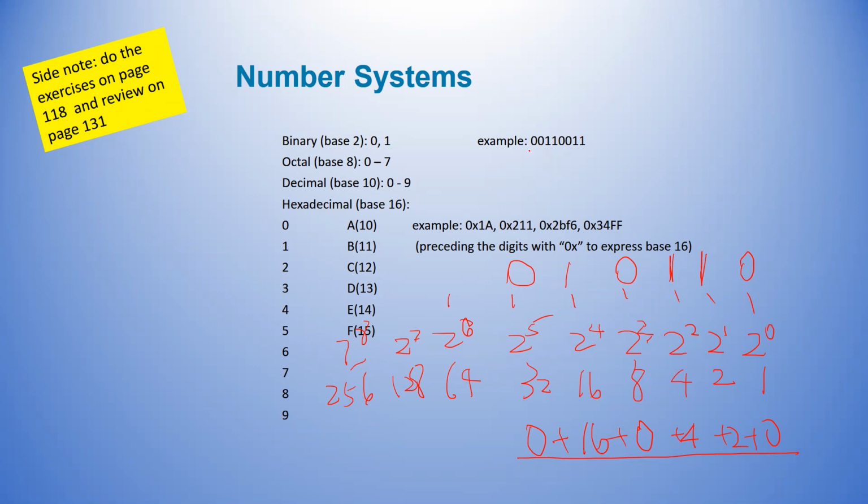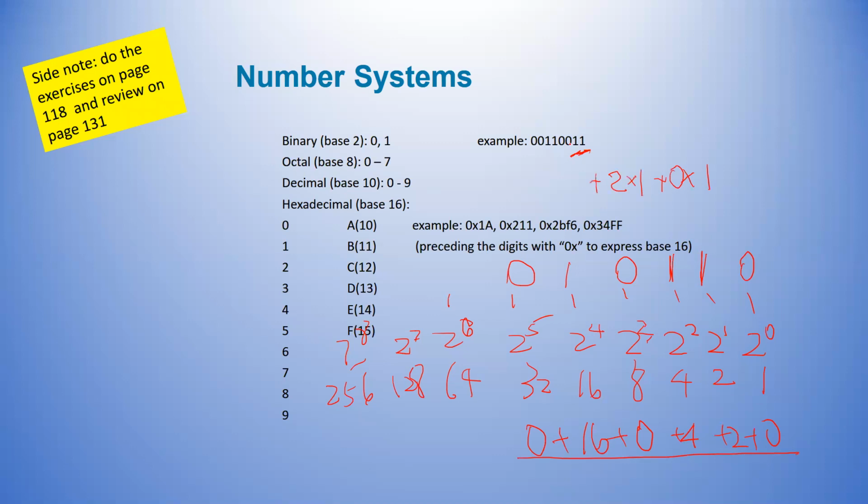So let's use this one as an example. Okay, that's 2 to the 0th, that is 0 times 1, right? Plus, this one is a 1, that is 2 times 1, okay?